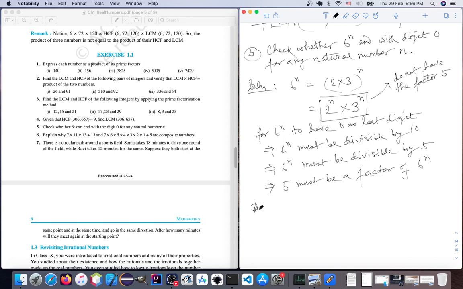But 2 to the power n has no 5 as a factor.